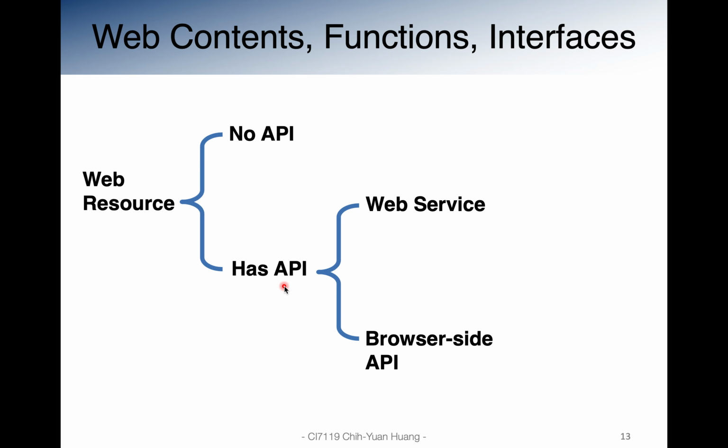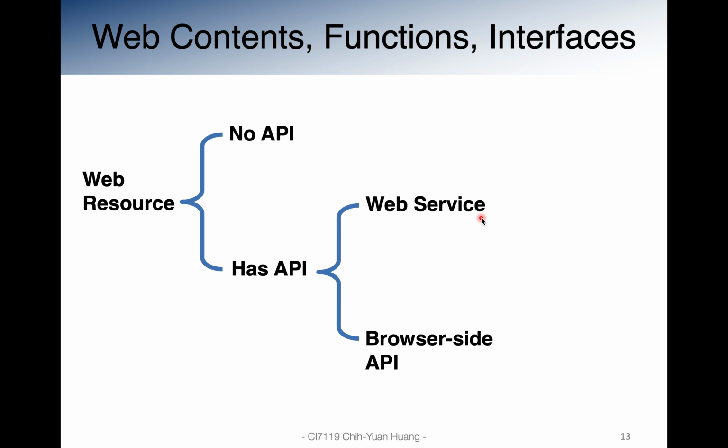The general API type that we have mentioned before is in the unit of the web service. The web services have a web service protocol defining the request and response format, and also the data model and the protocol.